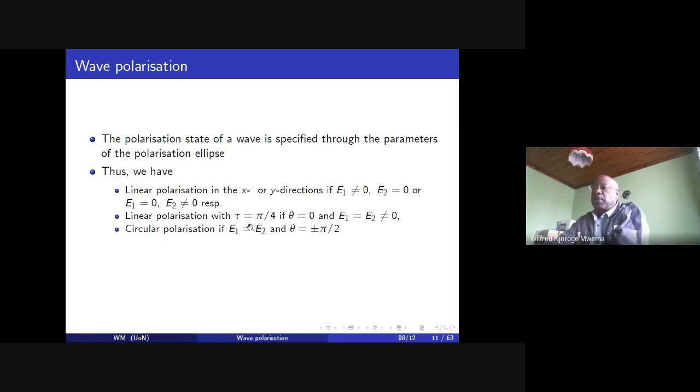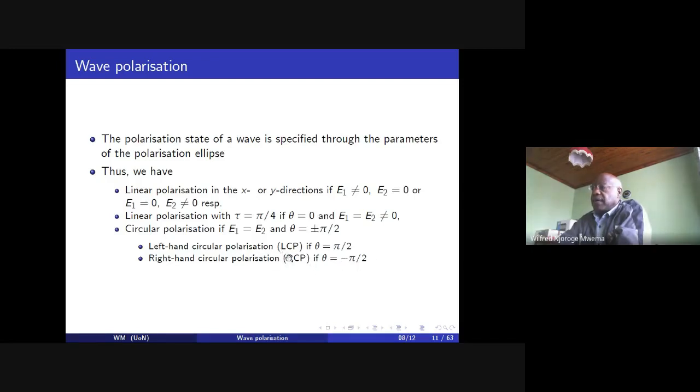Circular polarization will occur if E1 and E2 are equal and theta is either plus or minus 90 degrees. We define left-hand circular polarization if theta is equal to positive pi by 2, and right-hand circular polarization if theta is minus pi by 2.